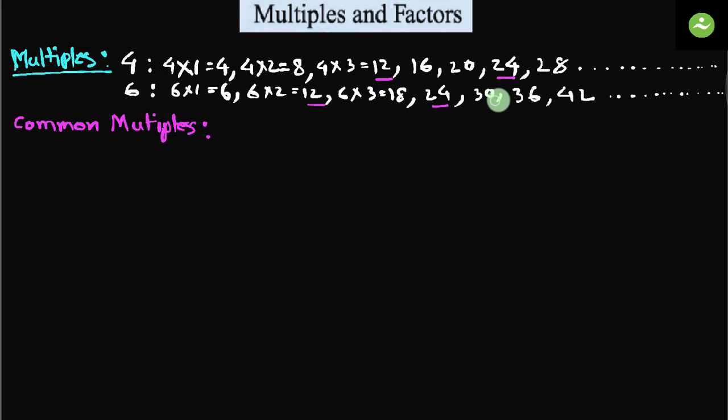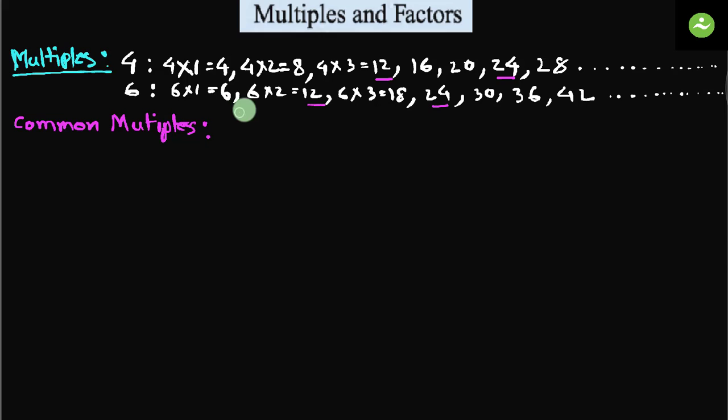So we keep finding the multiples that are on both lists, and these are known as common multiples. Multiples that are on both lists are known as common multiples.